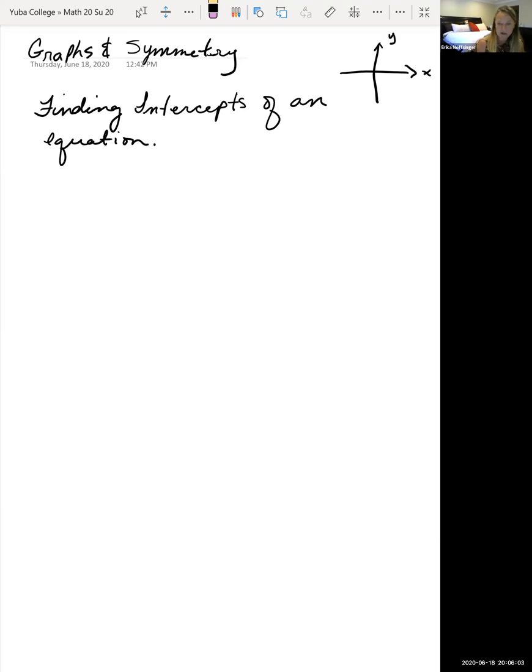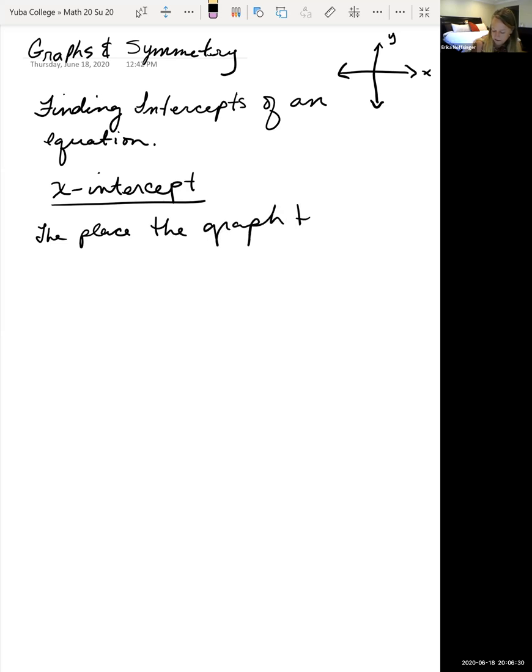If we graphed the equation, it's going to either cross or touch the x or y axis, depending on if we're looking at the x-intercept or the y-intercept. So if you're looking for the x-intercept, it's the place the graph touches or crosses the x-axis.